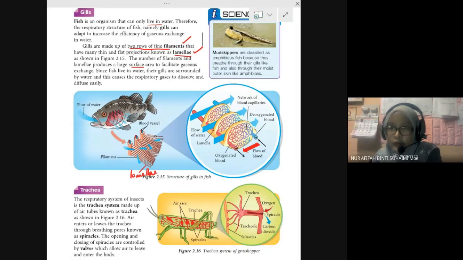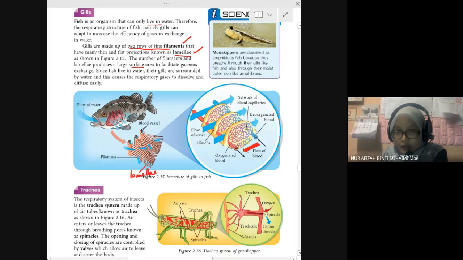The pathway is the same, same as human also. The level of oxygen is higher in water, so it will diffuse into blood capillary, and then the deoxygenated blood that contains a high level of carbon dioxide will diffuse out into water.